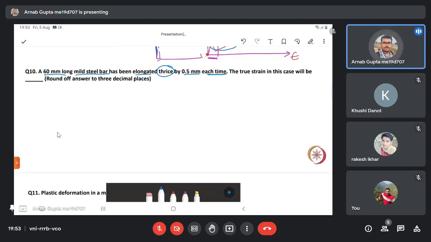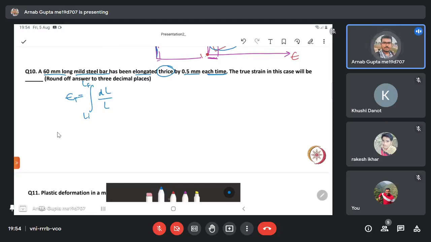So what will be your approach for this particular problem? Natural log of final length by initial length. Yeah. See, in this case, you know the relationship, like how this L is changing. So from L initial to L final, this is the true strain.